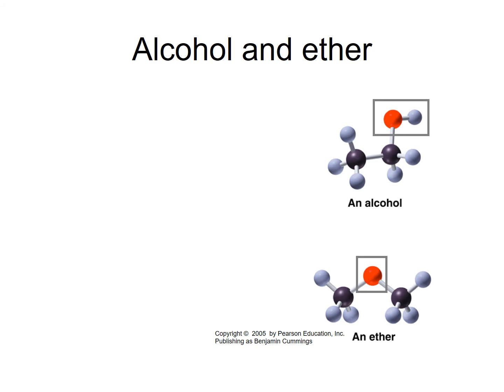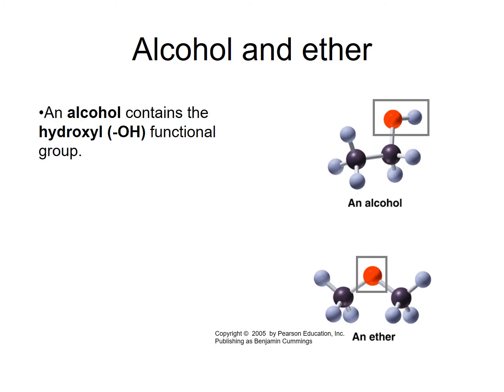Now let's look at adding oxygen to a molecule that has carbon and hydrogen. If you add oxygen branching off of a carbon chain with a hydrogen attached, so in the top right box there you have an OH, the red is O and the white or gray is H. If you add an OH, that's called an alcohol.